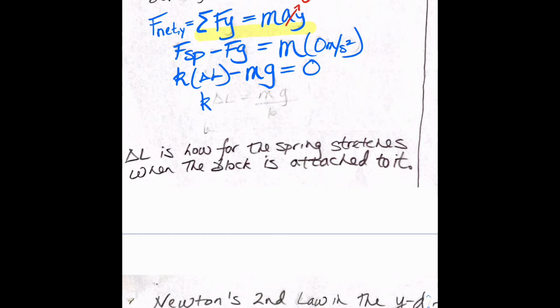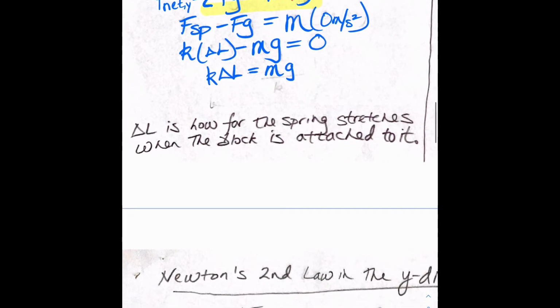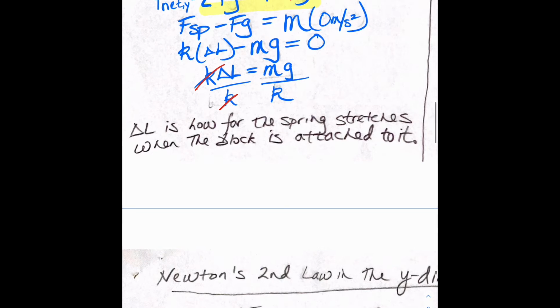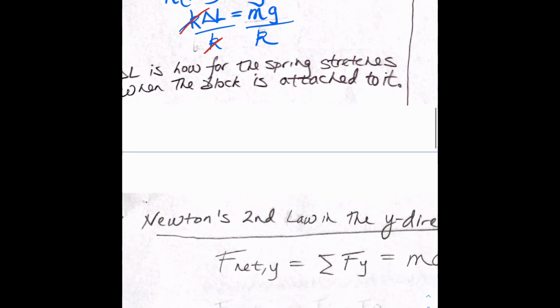So I'm going to go ahead and do that a little bit slow. Just like that. Divide both sides by K. And we can solve for delta L. I'm going to go ahead and write it right under here.